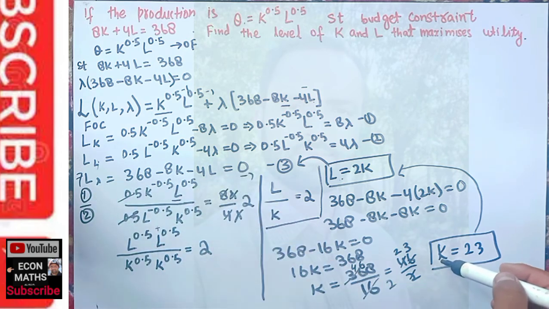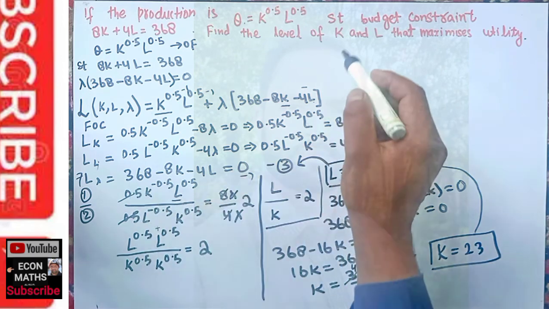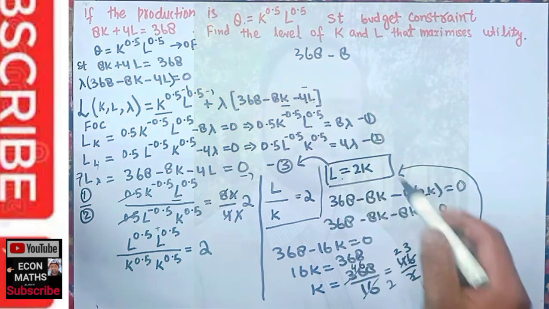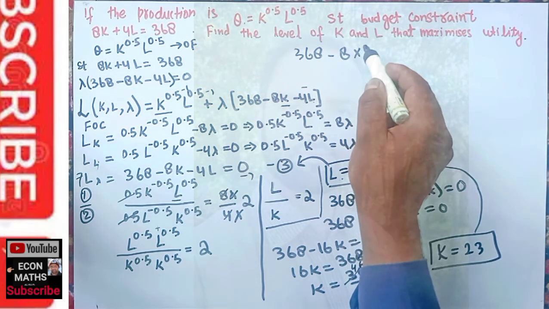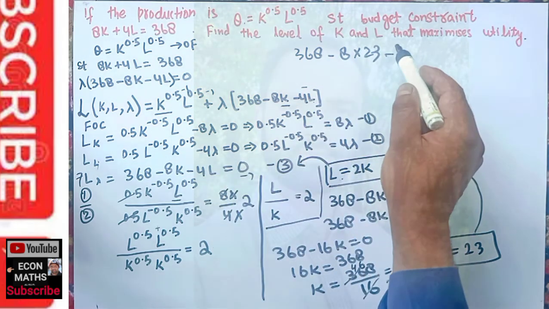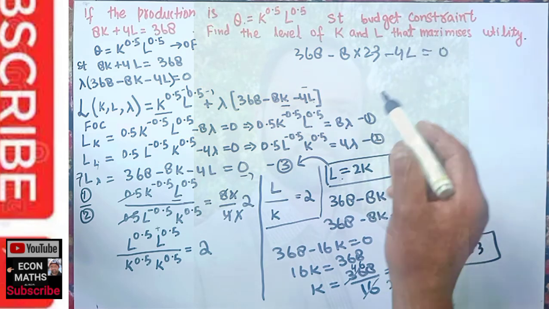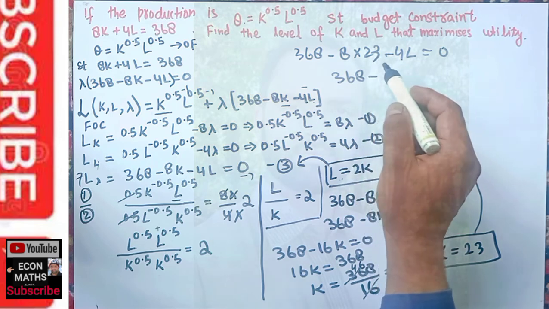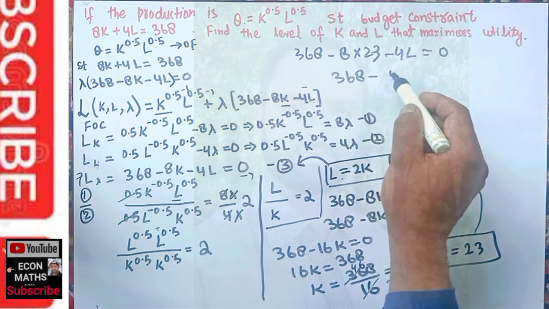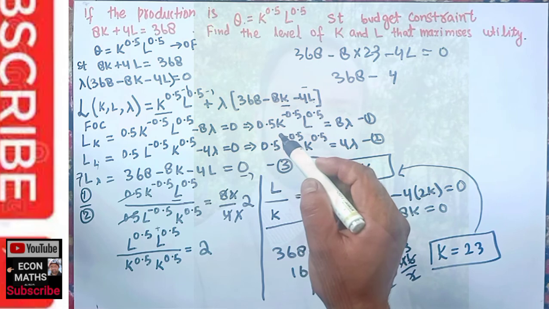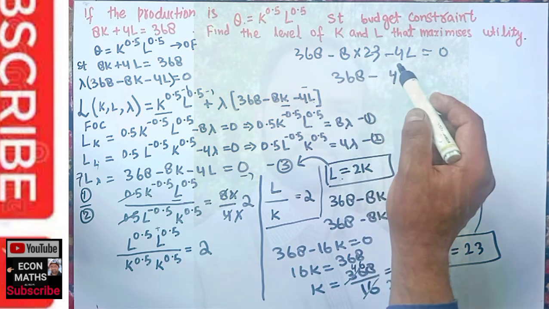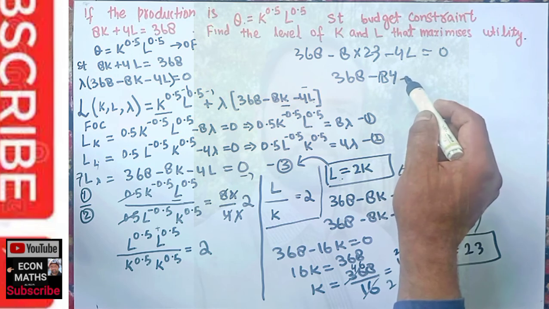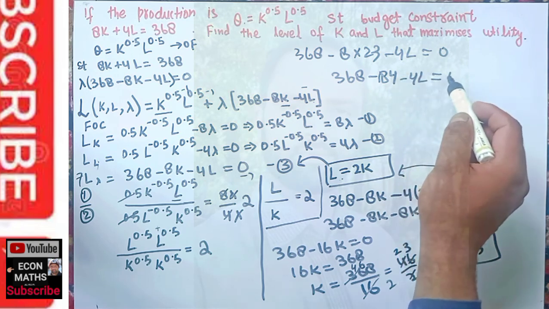The value of k is equal to 23, so this will become 368 minus 8 times 23 minus 4l is equal to 0, or 368 minus, 8 3s are 24, now 8 2s are 16, 17, 18, so I get 184 minus 4l is equal to 0.